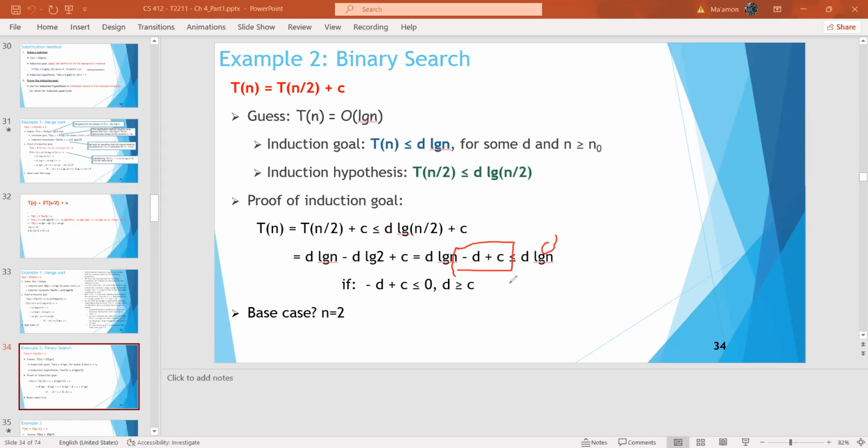Now we convert this thing like this: minus d plus c, greater than or equal to 0. Now we have minus c greater than or equal to minus d.